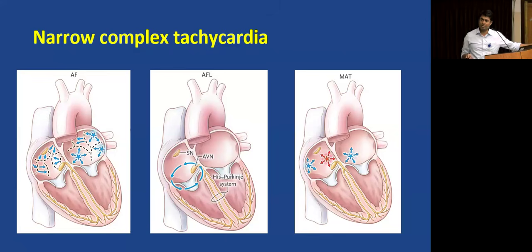Now, why are these not typically classified as supraventricular tachycardias, even though they produce narrow complex tachycardia? One, the SVTs which we discussed typically happen as paroxysms. They are in otherwise young, healthy individuals, with just paroxysmal palpitations, and you treat them in between. But these arrhythmias occur in older individuals and are associated with structural heart disease. Atrial fibrillation, flutter, multifocal atrial tachycardia are not generally seen in normal hearts.